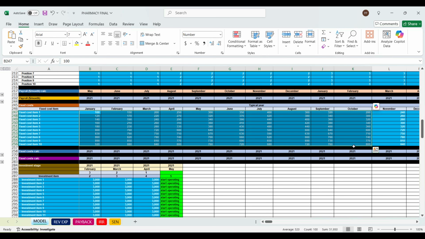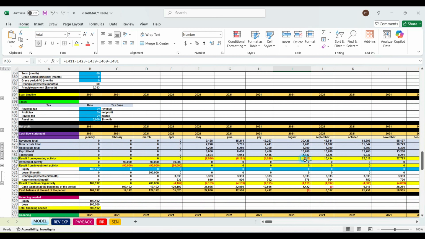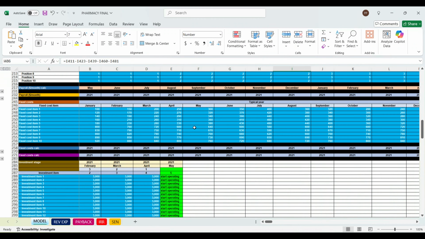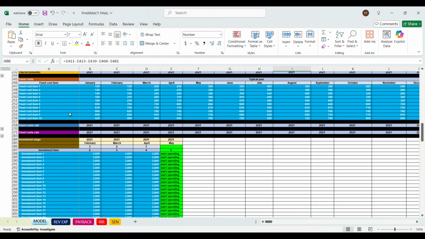Maybe there are some spikes in these fixed cost payments. You may have some operating losses because of that. So that's why you need to create a separate block of inputs for the fixed costs and create the typical year where you will be allocating these fixed cost payments.